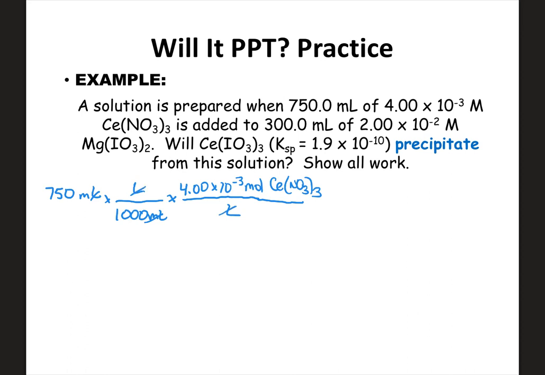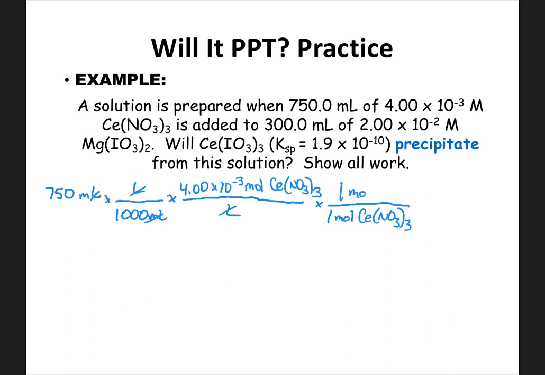But you remember, we need the moles of the ion in this particular compound. So I only care about the Ce3+. So for every 1 mole of the compound, essentially how many moles of Ce3+ are there in the compound?